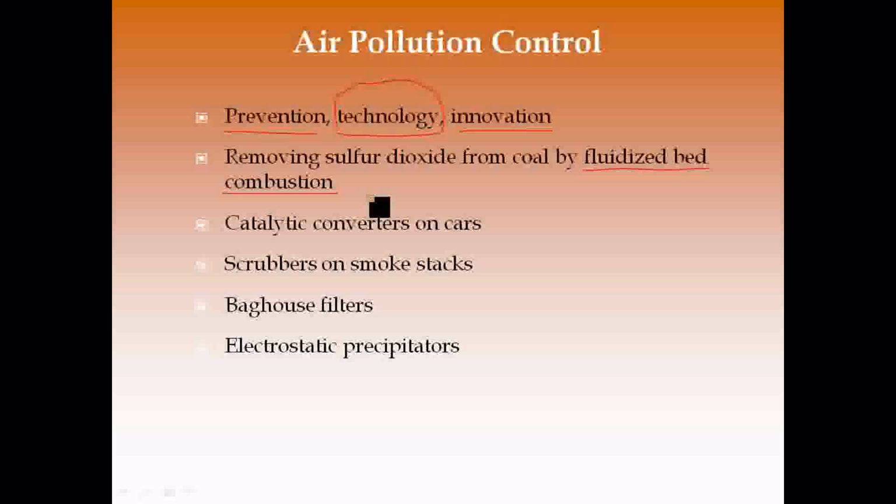This process happens during the burning process, during the burning of the coal, and in close proximity is calcium carbonate, and that helps to reduce sulfur dioxide emissions. The heated calcium carbonate absorbs sulfur dioxide and produces calcium sulfate.